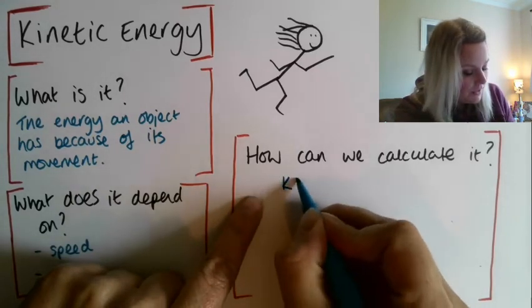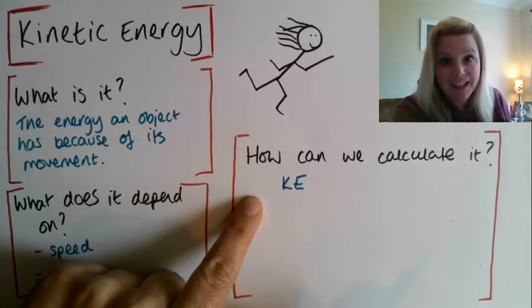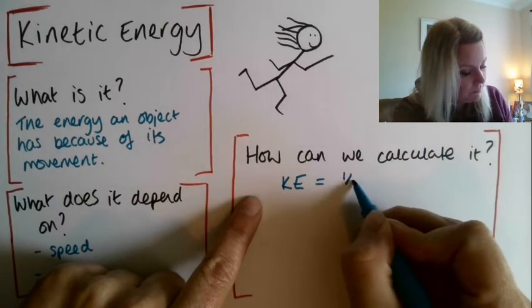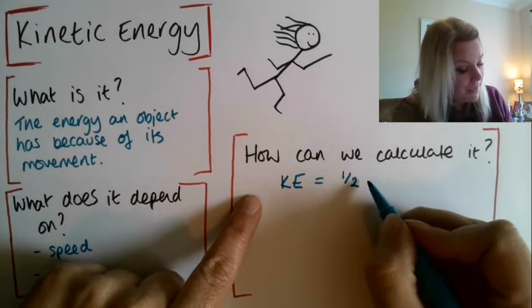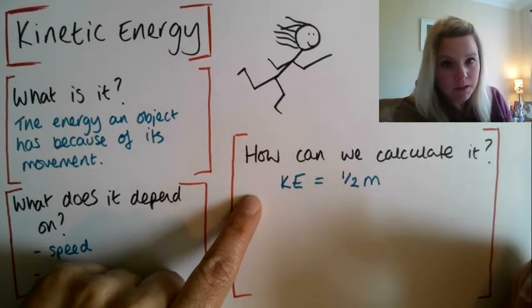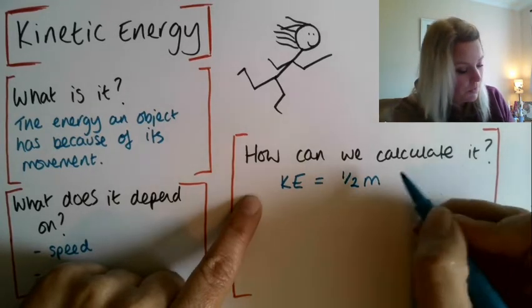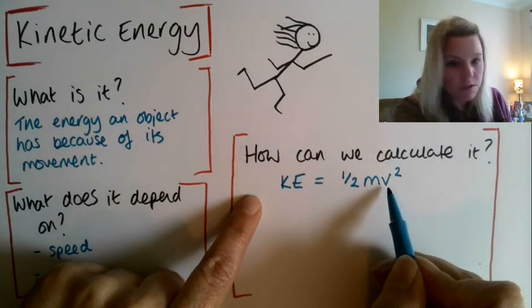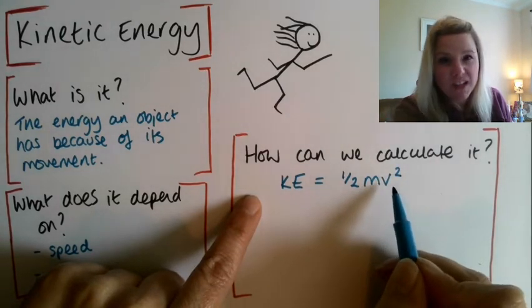So kinetic energy, we tend to write KE for that, is equal to a half multiplied by the mass of the object multiplied by its speed squared, and we write a V for that. Now it is important that you know that it is just the V that is squared there.